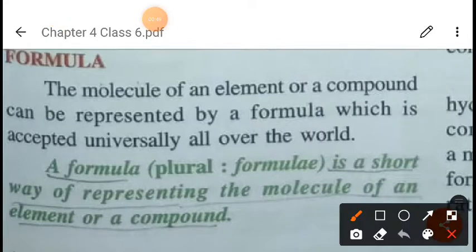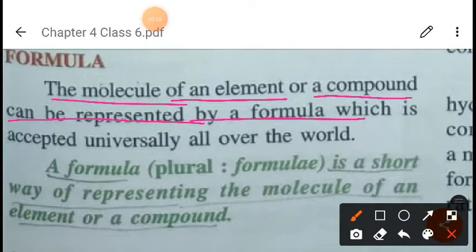As we know, molecules of an element or a compound can be represented by a formula, right? And the formula is accepted universally all over the world.